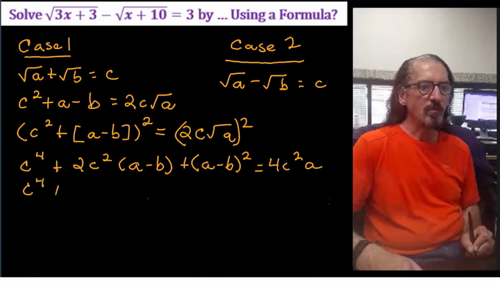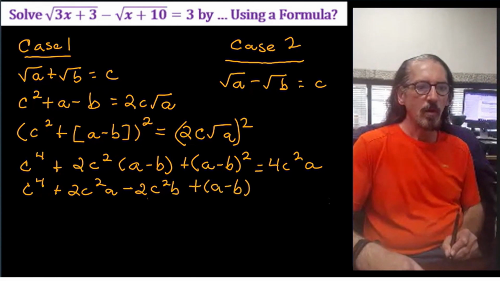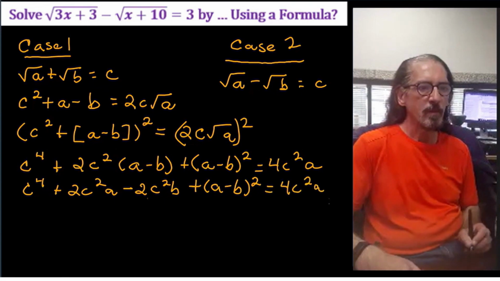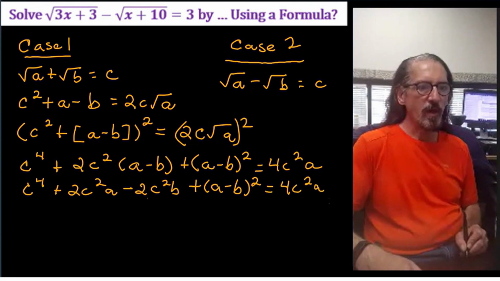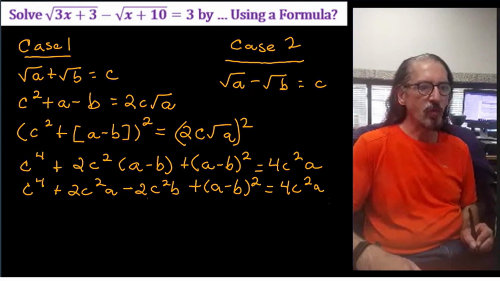Distributing the 2c squared in that middle portion, 2c squared a minus 2c squared b plus that quantity a minus b, all of that squared equaling 4c squared a. Subtract 2c squared a from both sides to give us a 2c squared a on the right, and add 2c squared b to the right-hand side.